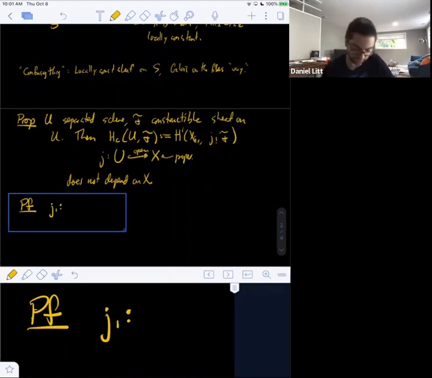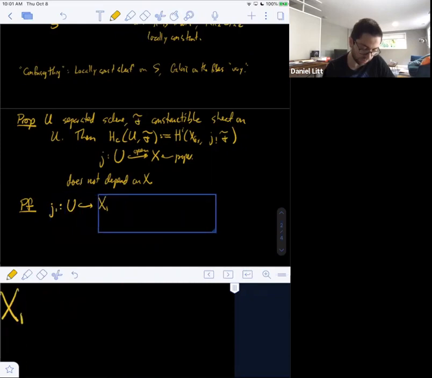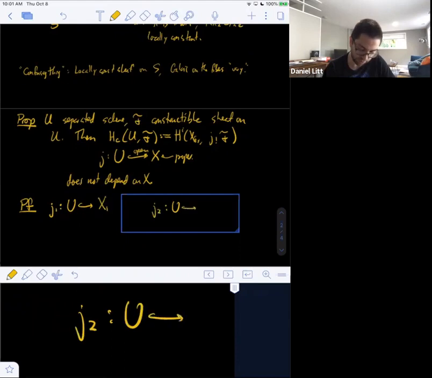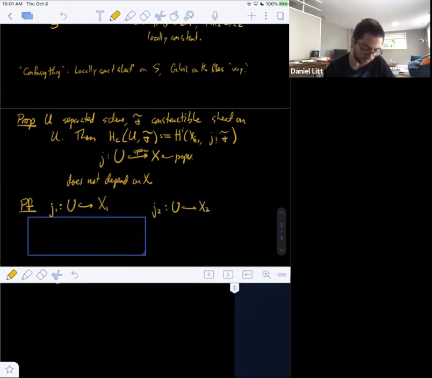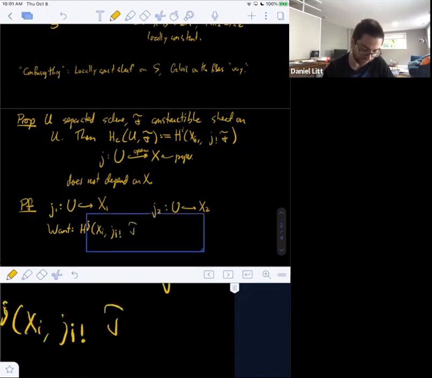So I'll choose an embedding j1 of U into X1, and j2 of U into X2. And what we want is that H^j of X_i with coefficients in j_i lower shriek F is independent of i.